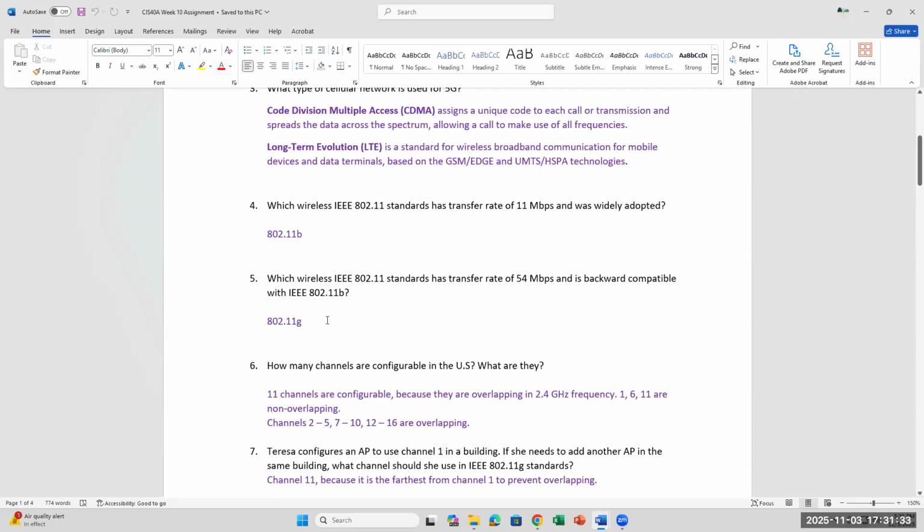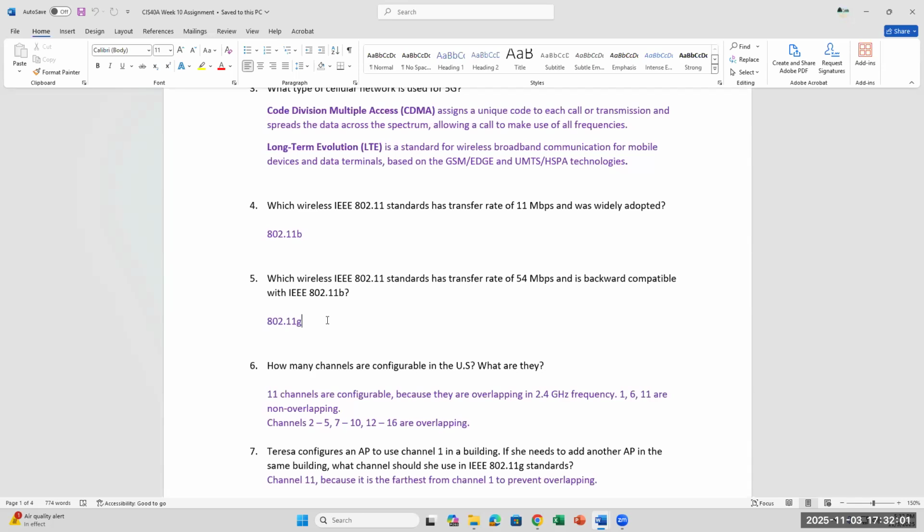So when you're studying for certification or for exam and quiz for this class, just focus on some of the main ones: A, B, G, N, and AC. Those are the main consumer standards that you see in the market. Know the speed. What is the transfer rate? It will say 54 megabit per second for the G, so you can look at the table, right?